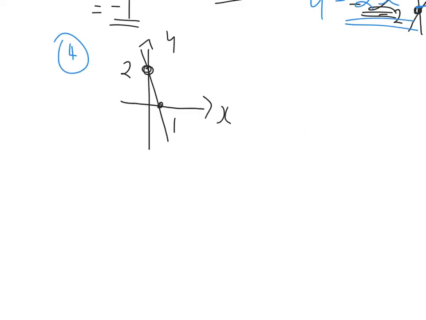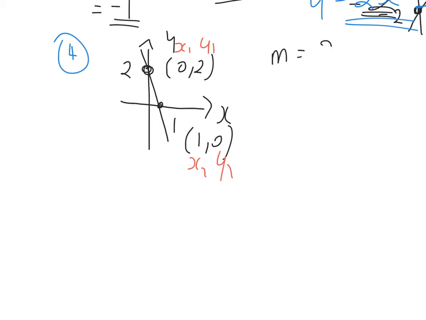Okay, next one. Crossing the y-axis at 2, so that's 0, 2, and the x-axis at 1, so that's 1, 0. So x1, y1, x2, y2. m equals y2 minus y1, so that's 0 minus 2 over x2 minus x1, which is 1 minus 0.